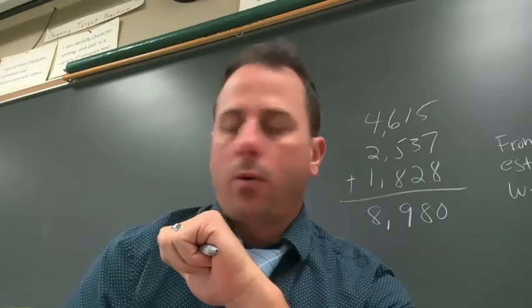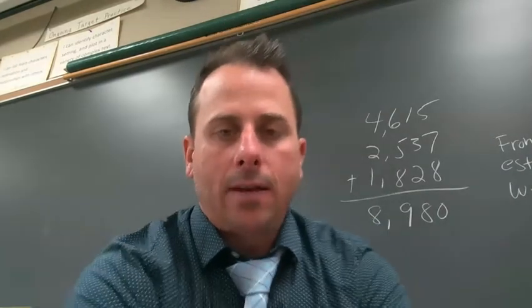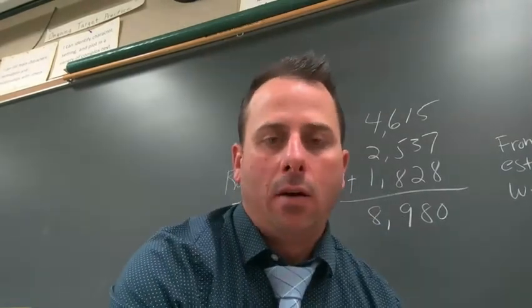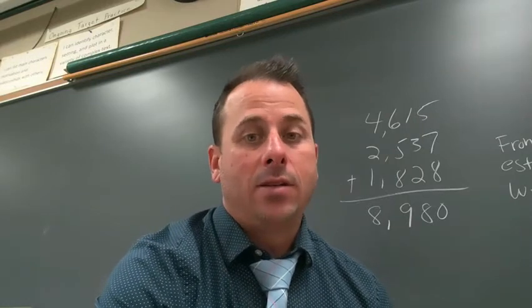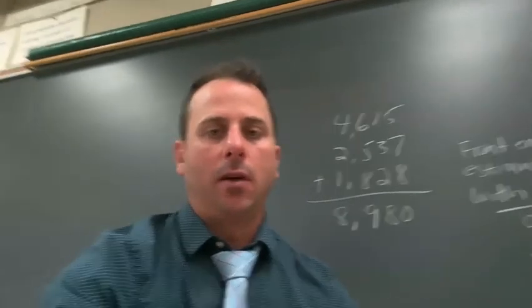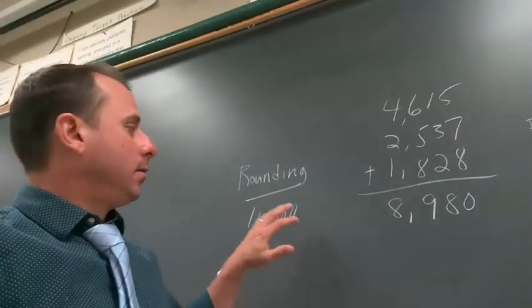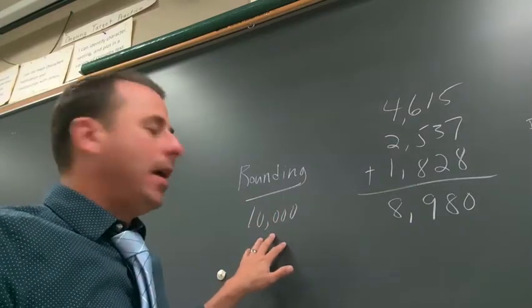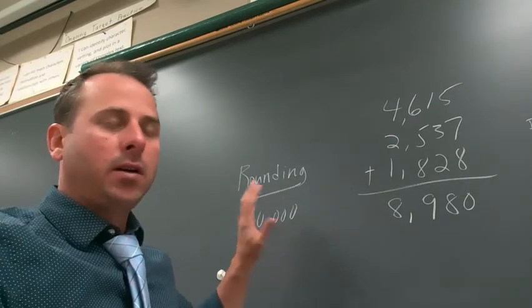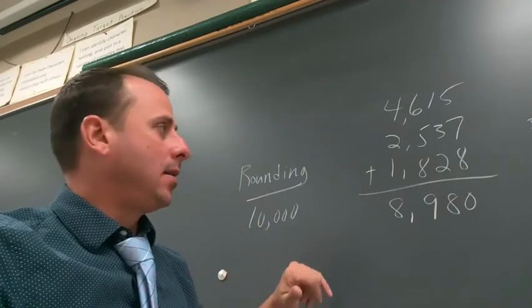All right, I wonder what your prediction was. If you haven't done so, go ahead and make one now. Which of the two methods for estimation was more accurate? Which one do you think? Here we go. Let's take a look. Our rounding estimation came out to 10,000. Closest 1,000, add them up, came out to 10,000.